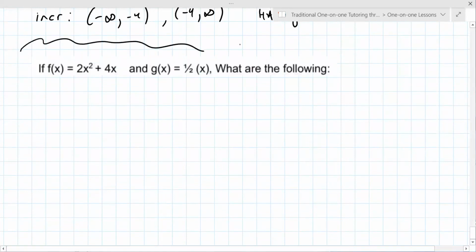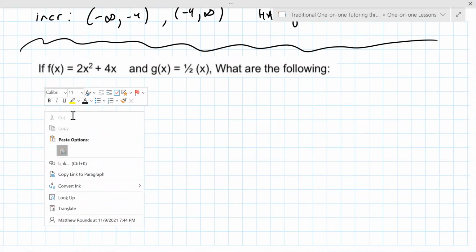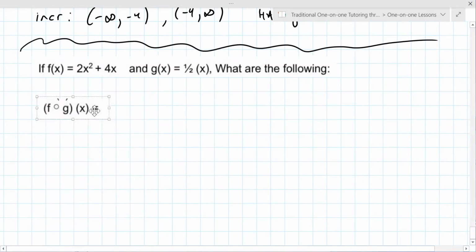So they're giving you two functions. And the first thing they're asking for is f bubble g of x. This bubble right here means composition.